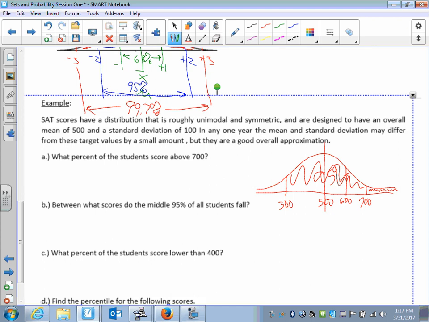That means that in this little region down here and in this region up here, we're going to have a total of 5%, and it's going to be equally distributed, so there's going to be 2.5% there and 2.5% up here. So the answer is the percent of students that score above 700 is 2.5% by the empirical rule.